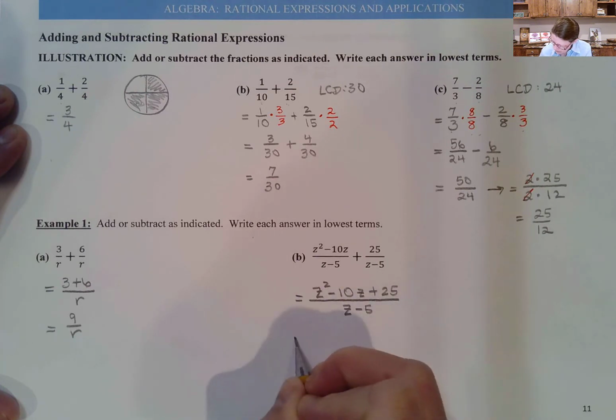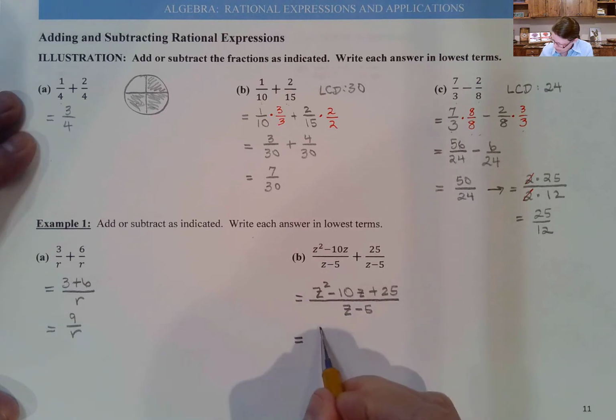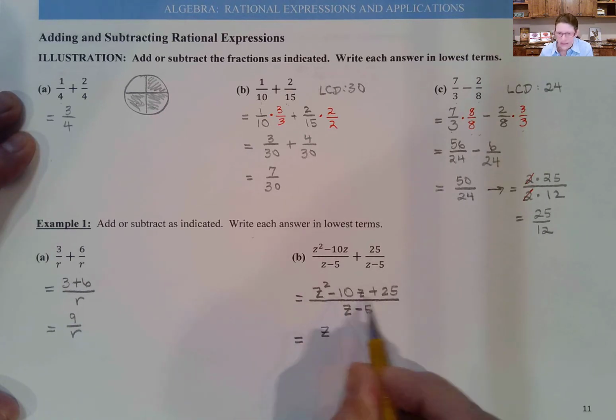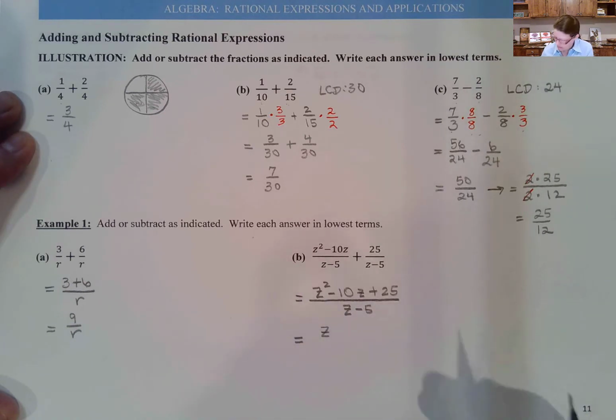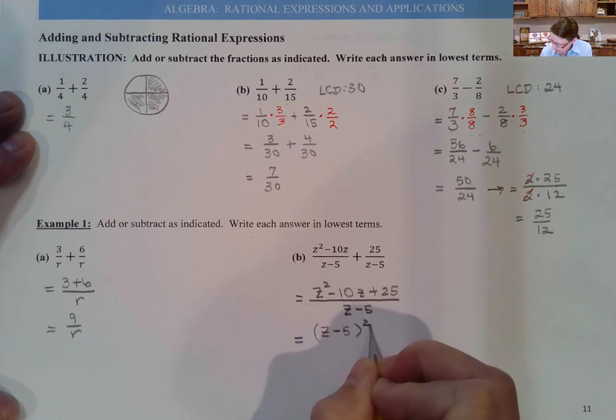Now we want to write our answers in lowest terms, and this one will reduce because the numerator is a perfect square trinomial and it factors as z minus 5 times z minus 5, or you might write that as z minus 5 quantity squared.